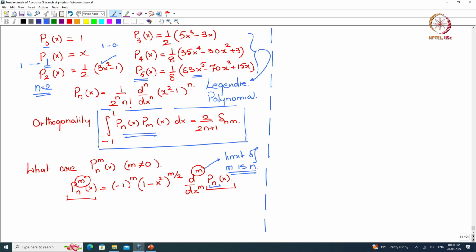Okay. Now let us see a few more. We will see this Pn of cos theta as a function of theta. Okay. So if n is 0, we have P0 of cos theta, and theta goes from 0 to pi.